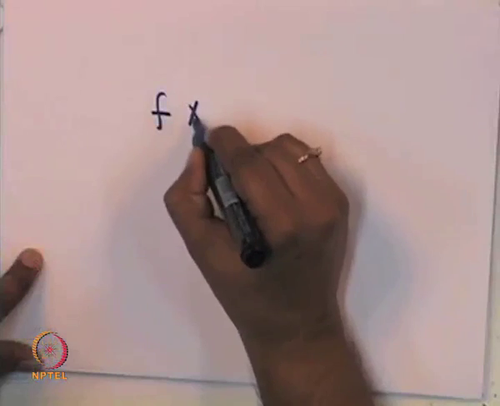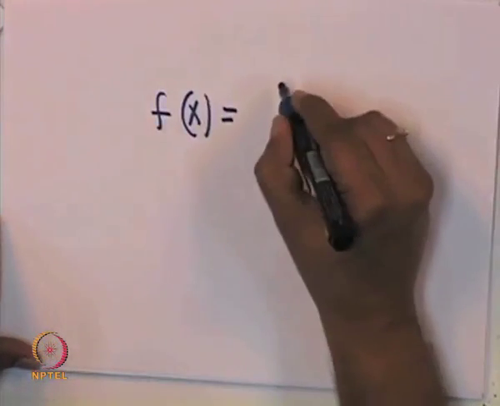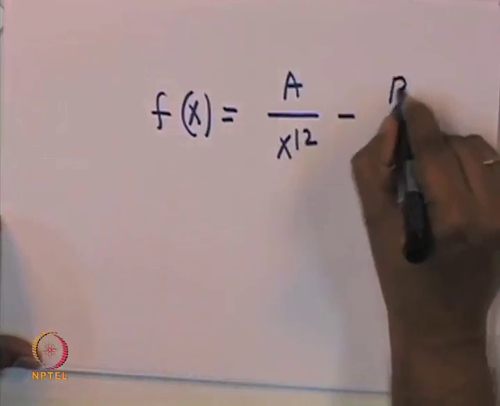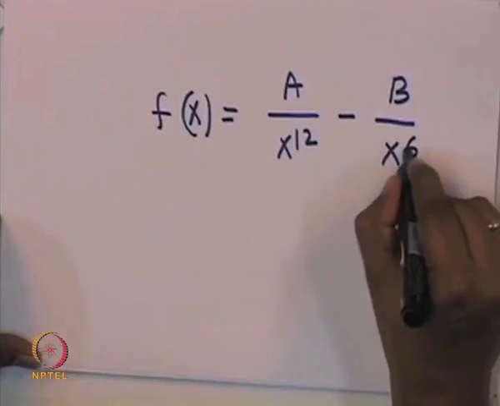It is a function very well known in various fields, which describes the interaction between two atoms. This is called the Lennard-Jones potential. The function is f of x equals a by x power 12 minus b by x power 6.